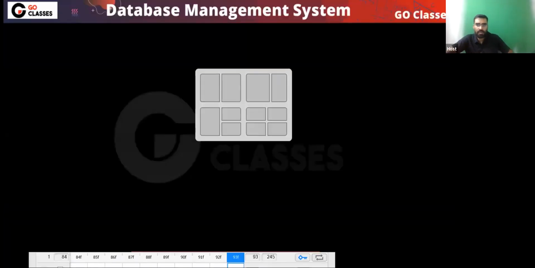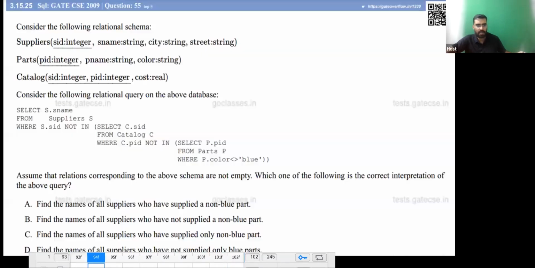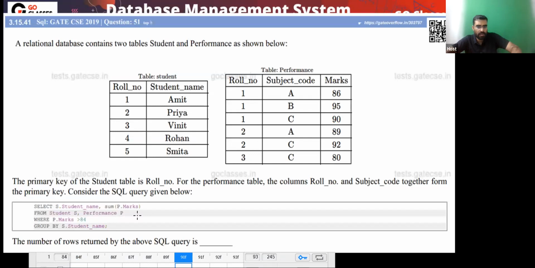Anyone has any doubt in this? Nikhil, are you asking me any doubt? Let's see this question. For every tuple, the sum will be the same? Look at the question: sum of P marks.